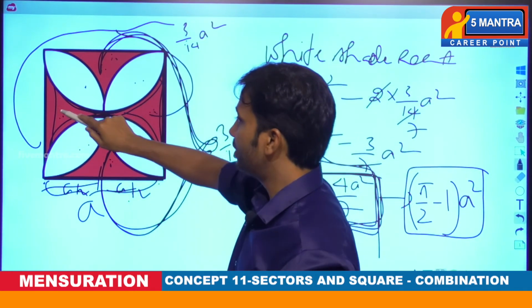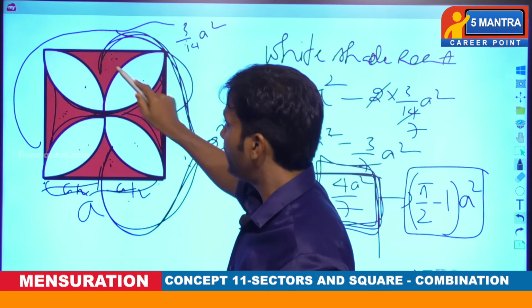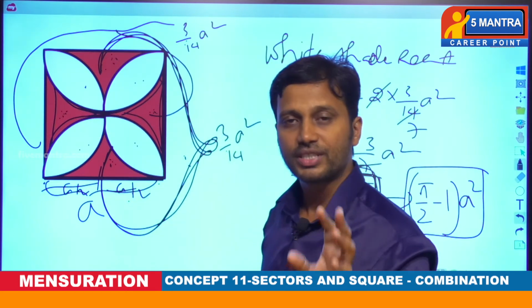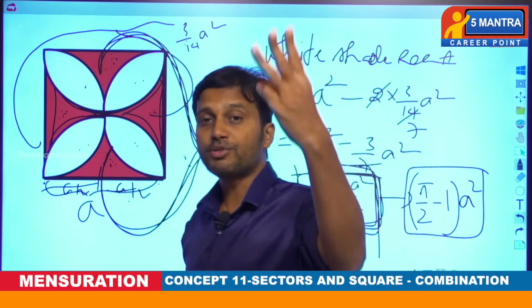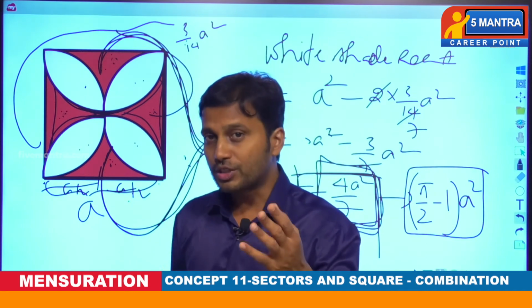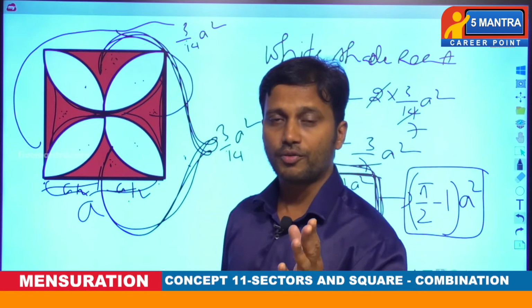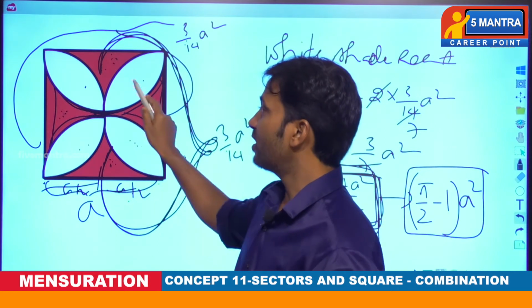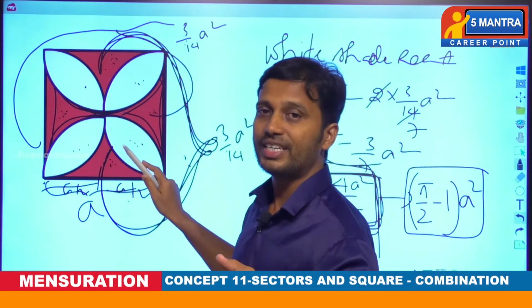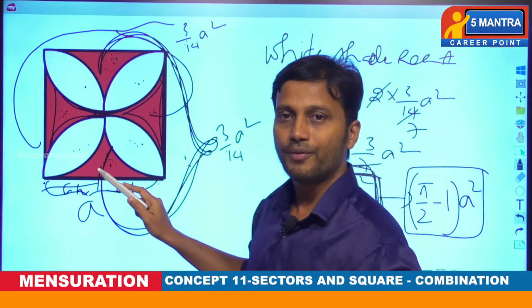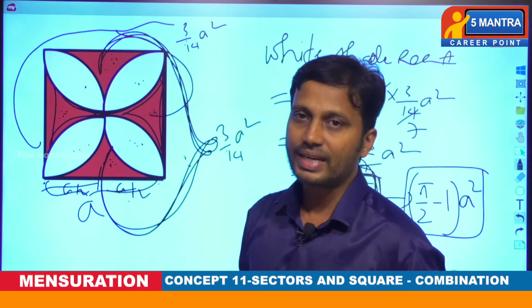So the total pink colored shaded region represents 2 times 3/14 a². If you subtract that pink region from the total square, the flower region or white shade will be left over, which is our required part.